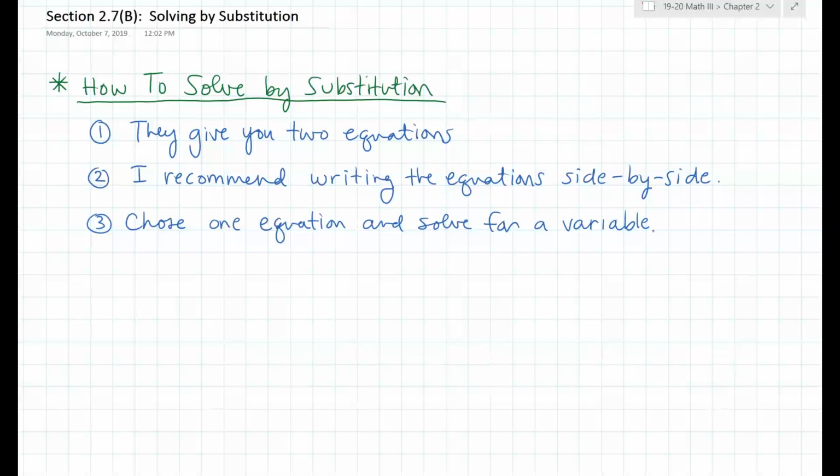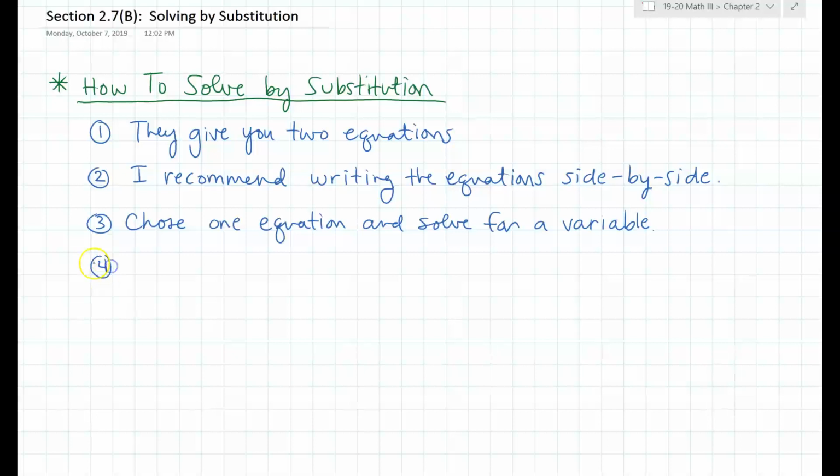Now, pay close attention, because every once in a while, they already have them solved for you. Or maybe one of the equations is really easy to solve for a letter if you just move one number over. Like, look at them. Don't just start doing the work. I tell my calc students, that's like what we call being a robot. The instructions say do this, so that's what you do, instead of thinking before you leap, you just jump right into it. Don't do that. Just think before you do that. So choose one equation and solve for a variable.